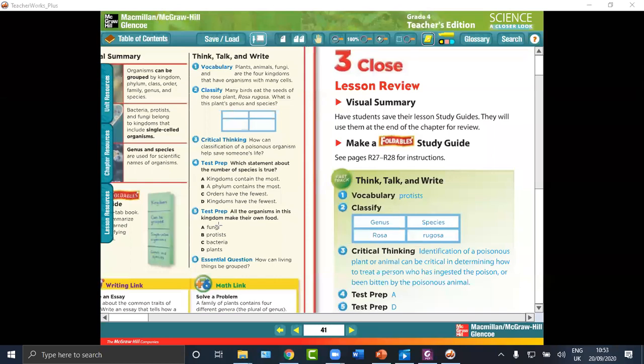Orders have the fewest. Kingdoms have the fewest. Which do you choose? We know the kingdom is the largest. We took this point from the first. Kingdoms, the largest. Put A, correct answer. Thank you.